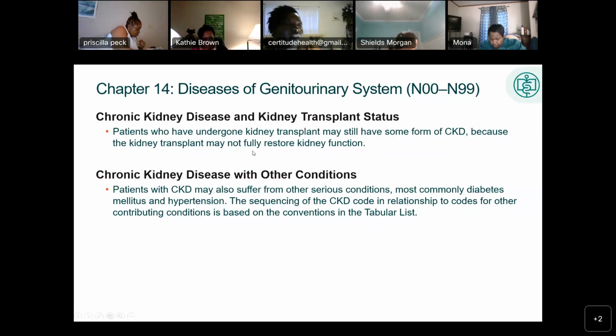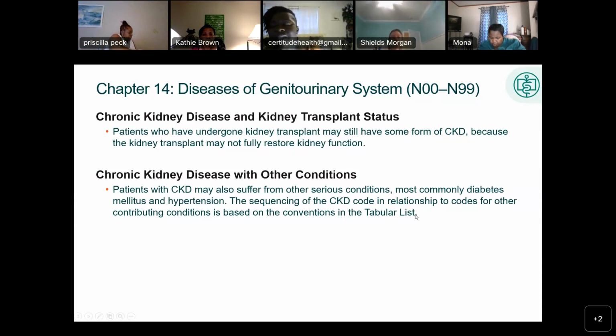So if they have hypertension, chronic kidney disease, congestive heart failure, then this guideline just specifically reminds us that patients with CKD may also suffer from other serious conditions, most commonly diabetes and hypertension, because those 2 conditions can cause kidney disease. So the sequencing of the CKD code in relationship to codes for other contributing conditions is based on the conventions in the tabular list.